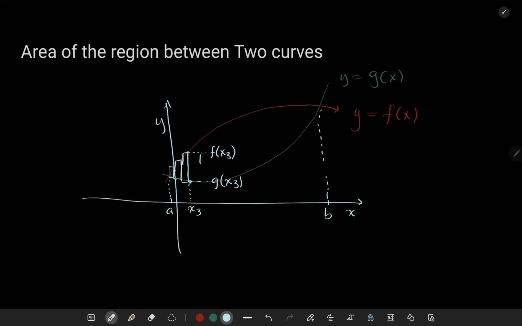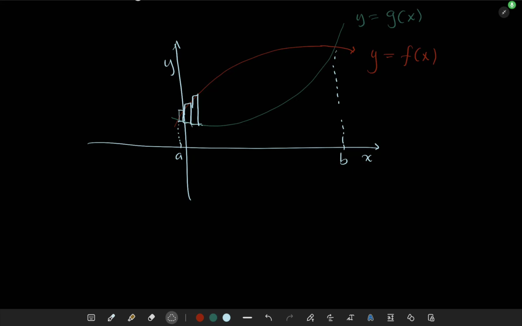So that height of the rectangle would be f of x3 minus g of x3. That's going to give us the height. So, as we were saying, the height then is going to be the difference between f of xi minus g of xi. So just the difference between the heights.